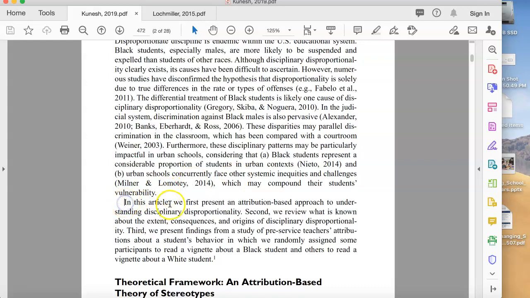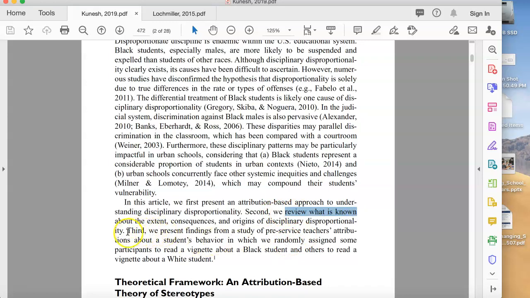Here's the purpose statement. We first present an attribution-based approach to understand disciplinary disproportionality, which basically means we're trying to explain why this happens. And then we review what is known, basically they say we are going to give you our lit review.